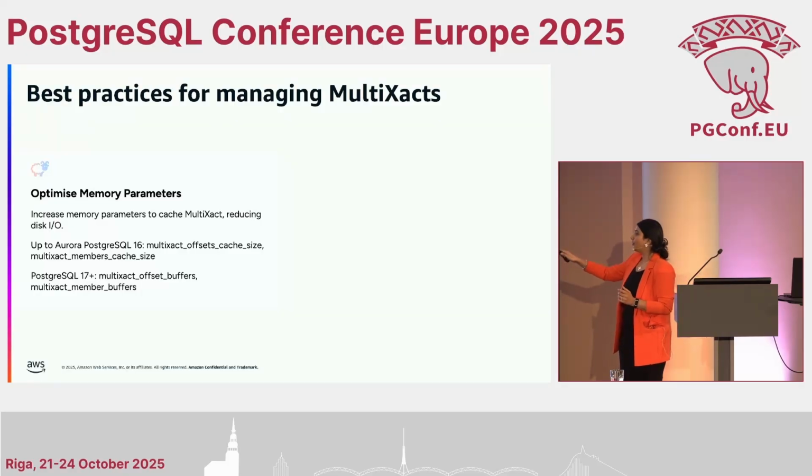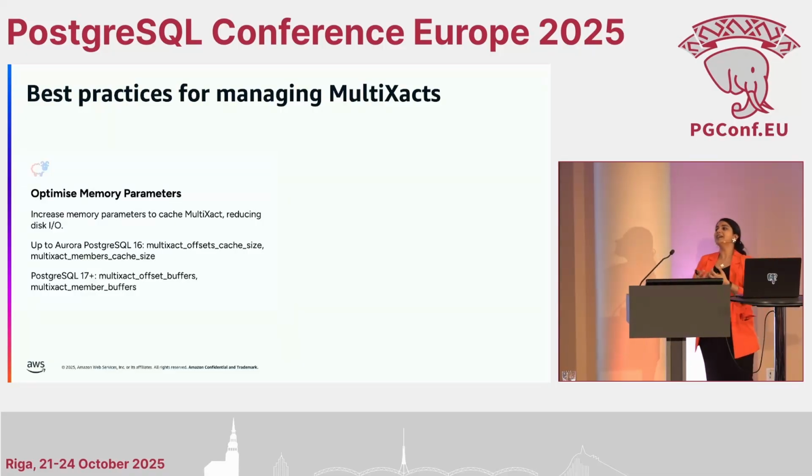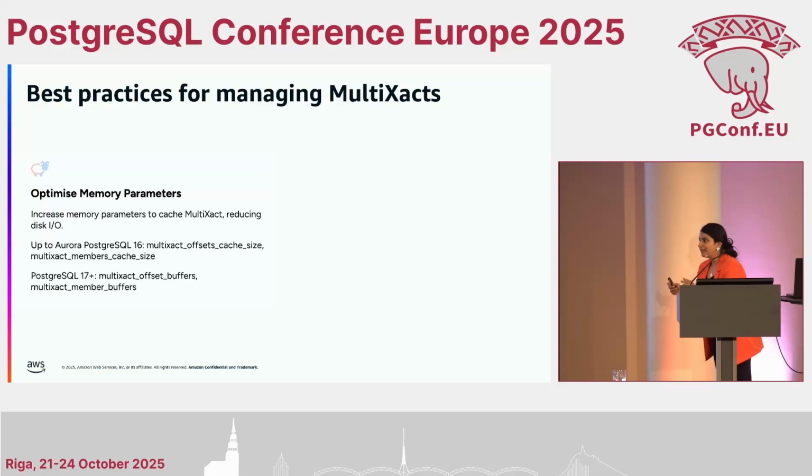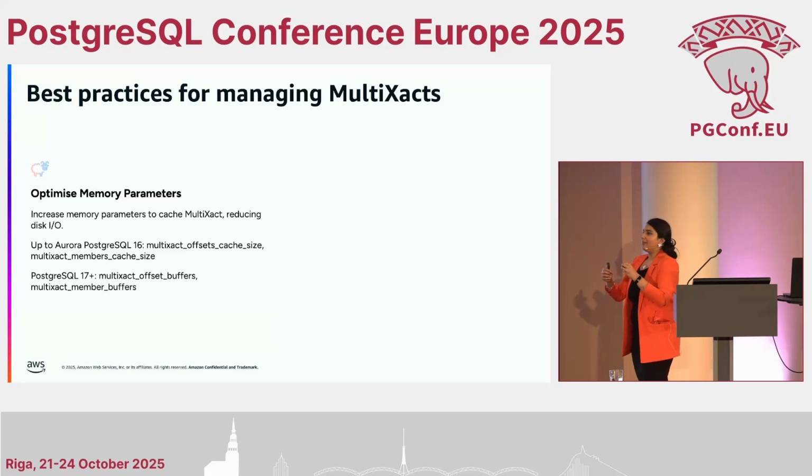And for standard Postgres, there are parameters from 17 onwards, which are called multixact offset buffers and multixact member buffers. What these parameters define is how many buffers in the shared buffers are set for multixact SLRUs.